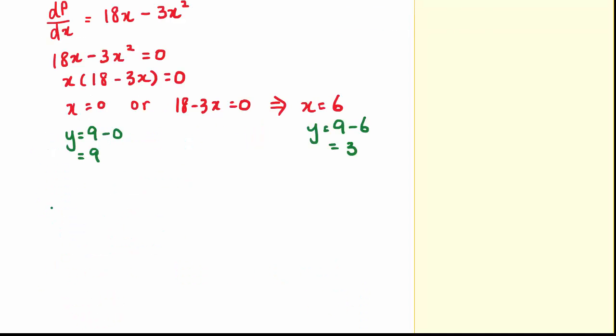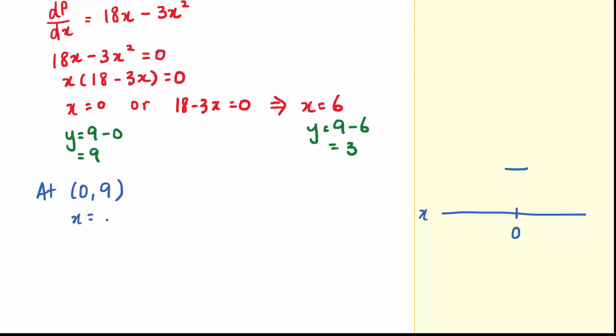We can use the first derivative test to tell us which is the correct x and y that we're looking for. For the first derivative test, let's test points that are close to these two stationary points, (0, 9) and (6, 3). At x equals 0, we know that it is a stationary point. dp/dx equals 0, so that's 0 slope.